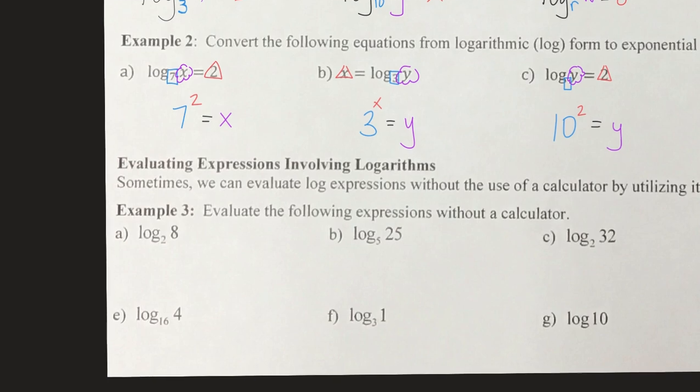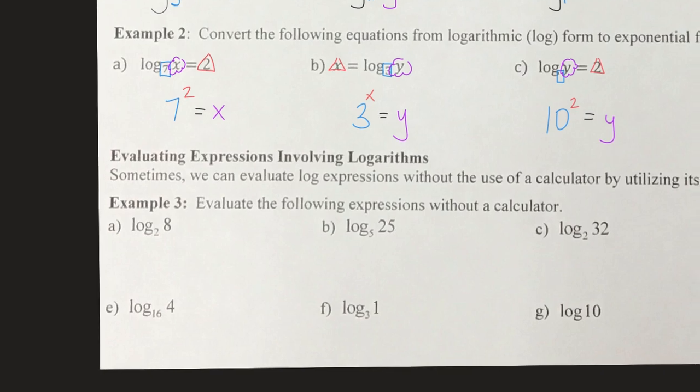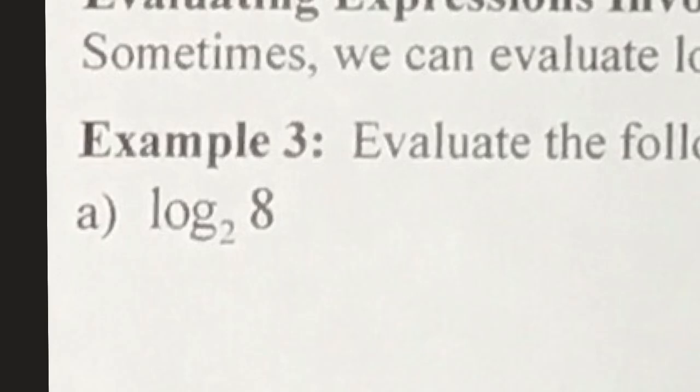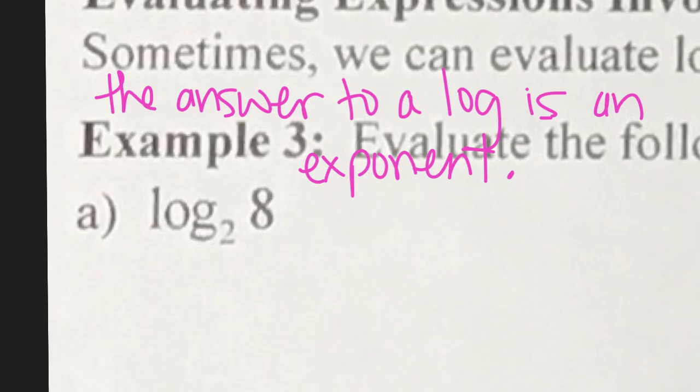And that's what we're going to do down here when we evaluate these logs. Each of these has a numerical answer. That's what it means to evaluate: what is the value of? The answer to a log is an exponent. So when we are evaluating these, we're going to think of it as an exponential: 2 raised to what power equals 8?